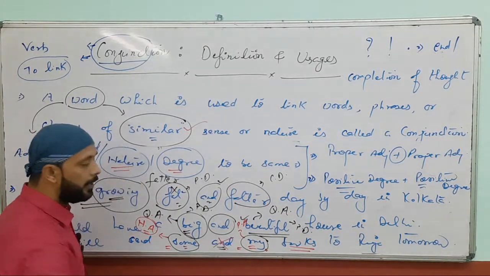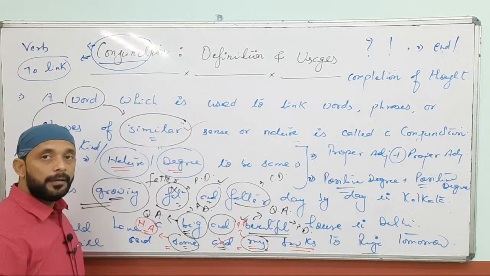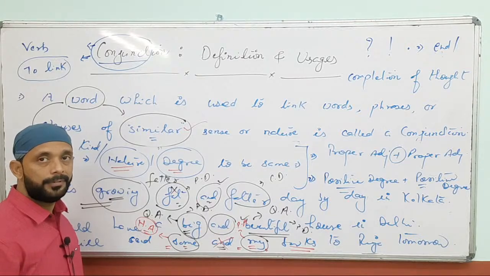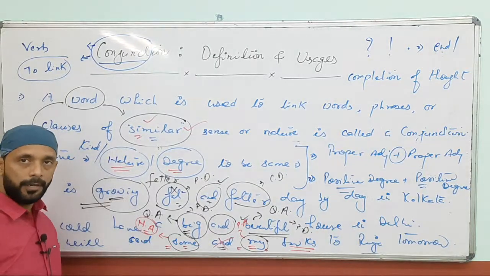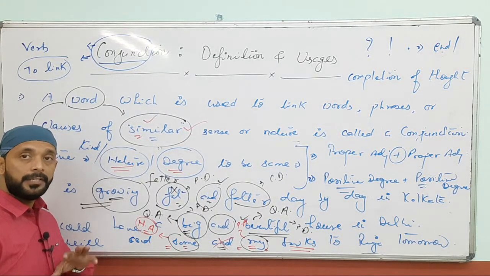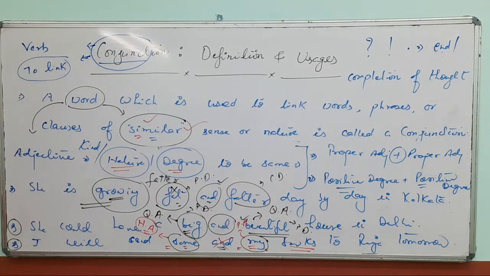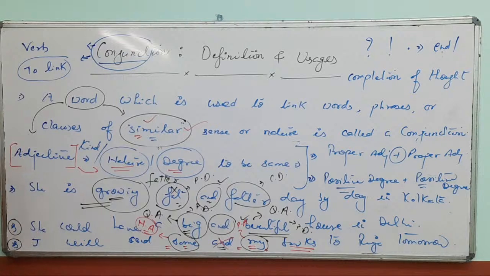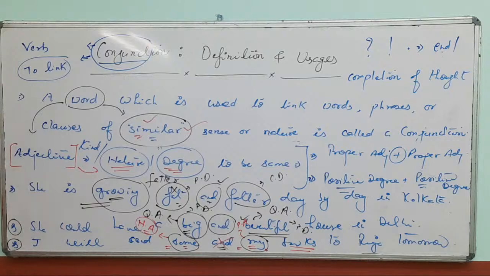"And" is an error here, because it's unsuitable for linking words of different nature, because to link with the help of a conjunction we need words of similar nature. So we are defining what similar is for adjectives: the similar kind, similar nature or similar degree. That would be the meaning of similar for adjectives.